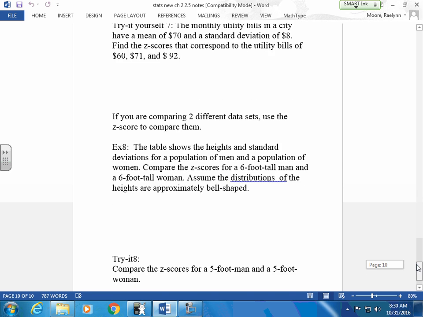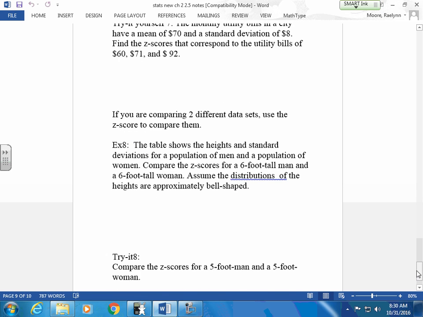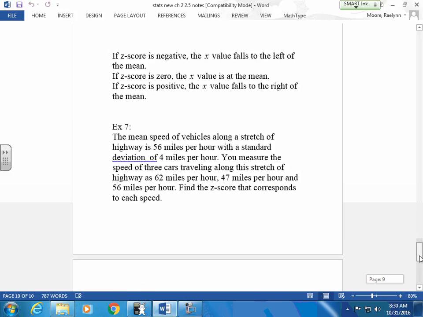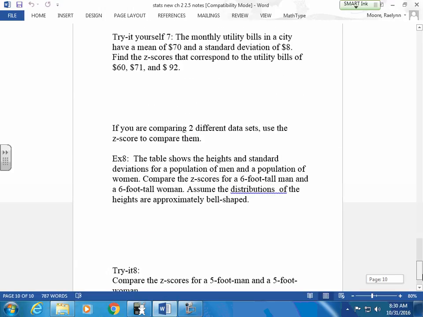Monthly utility bills in a city. Okay, consider the monthly utility bill has a mean of 70 and a standard deviation of 8.